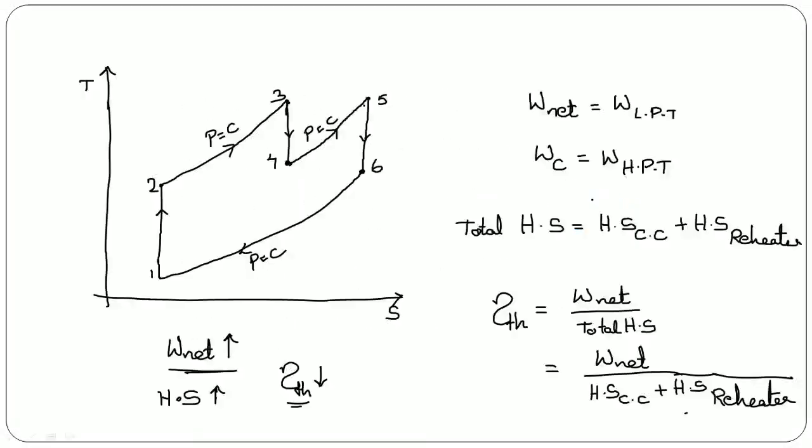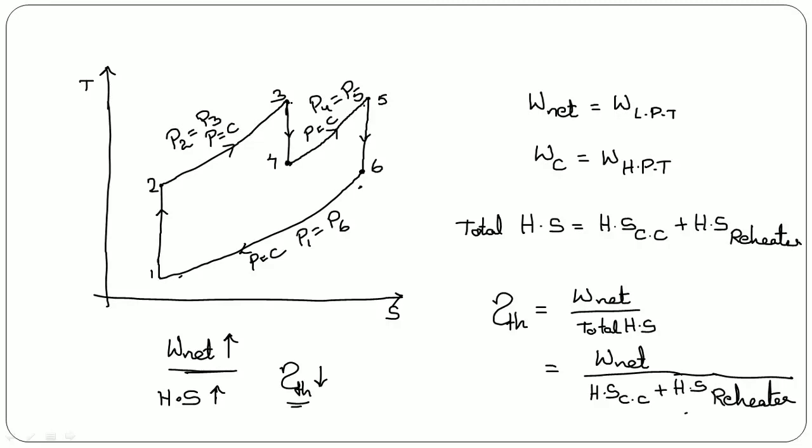So why we have written like this is, try to understand here carefully. P2 is equal to P3 and P6 is equal to P1. The intermediate pressure or the reheater pressure is P4 equal to P5. So this P4 equal to P5 will be the geometric mean of the maximum pressure and minimum pressure of the cycle. So then only the perfect reheating condition can be obtained.